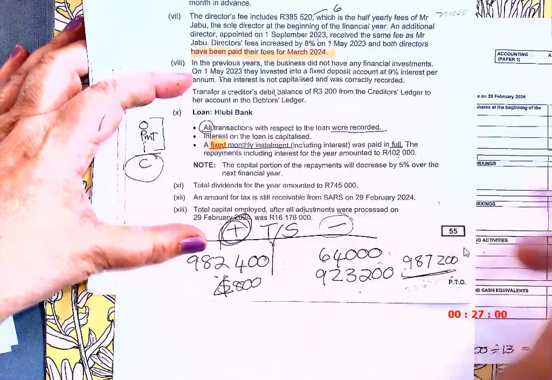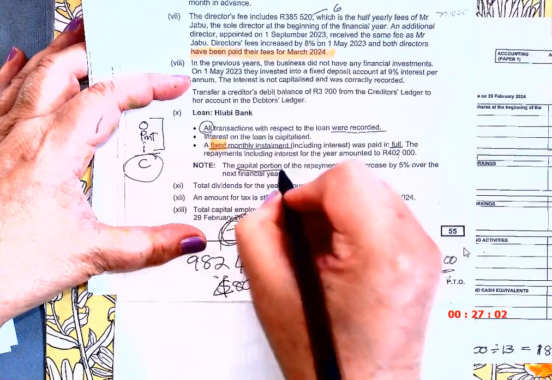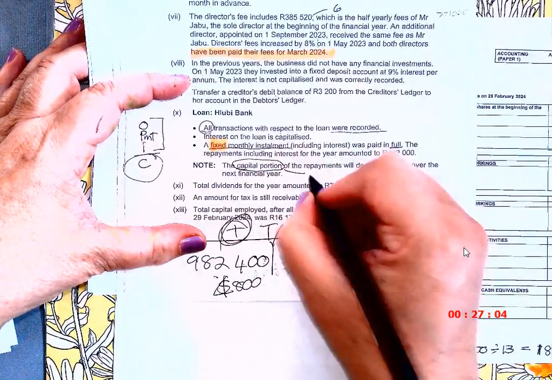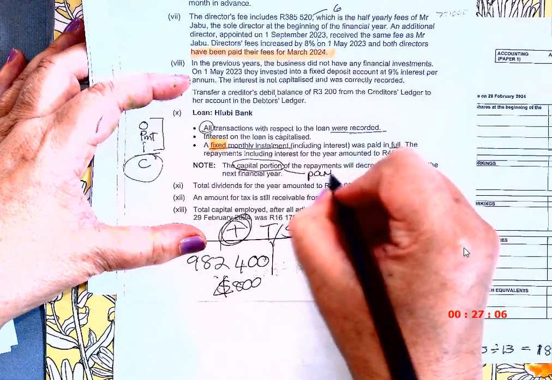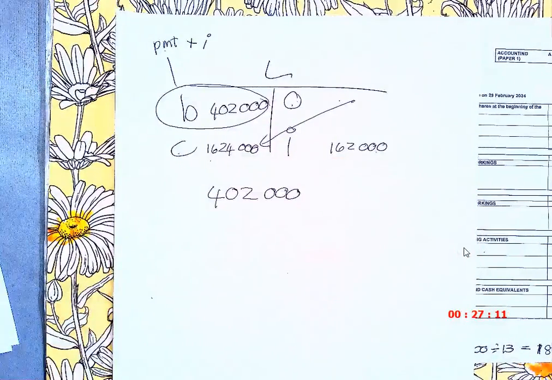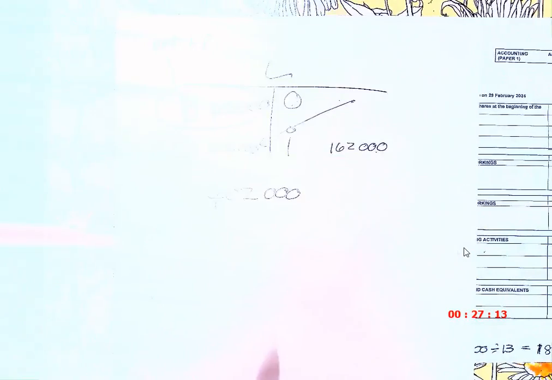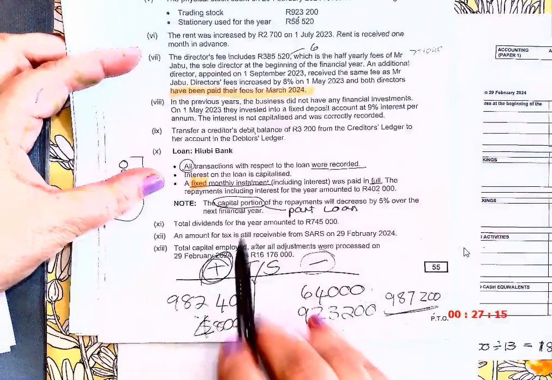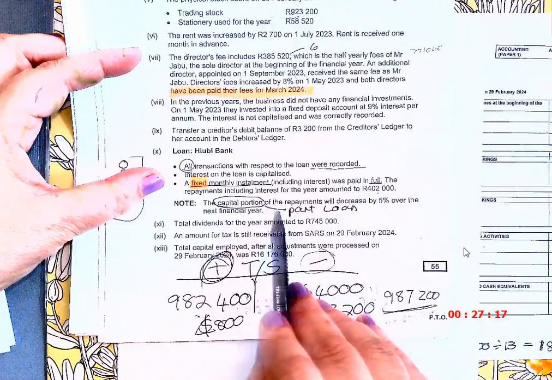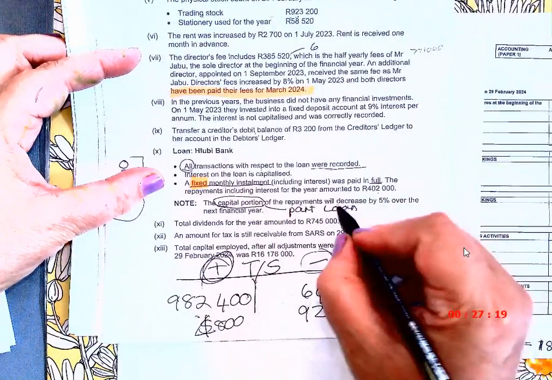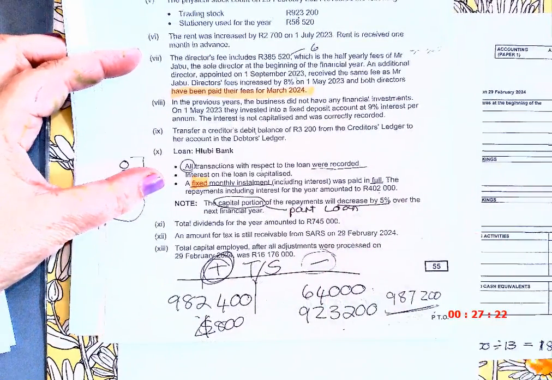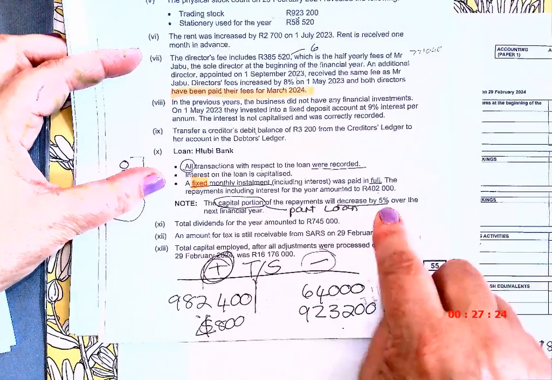Now what do they tell me? They say the capital portion. When they say that, it means the part of the loan that I'm paying back, the opening and the closing balance without any interest. So the capital amount, the proportion of the repayments, will decrease by 5%.